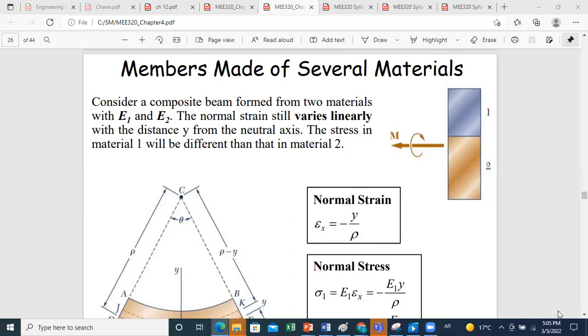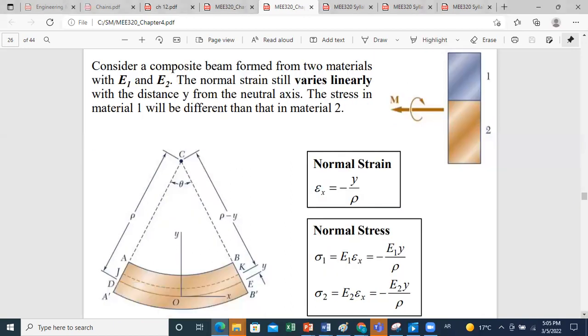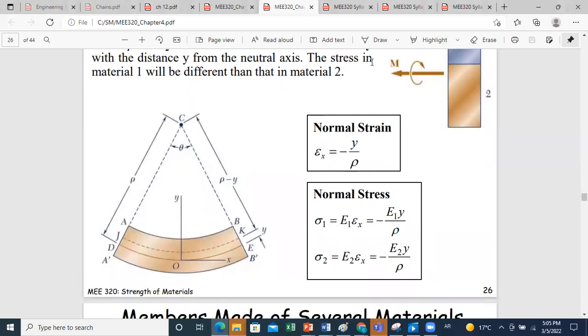Why? Because if we consider again the pure bending deformation, your beam will undergo bending, with the formation of a certain radius of curvature characterizing the neutral axis, and we have a certain angle of bend theta.